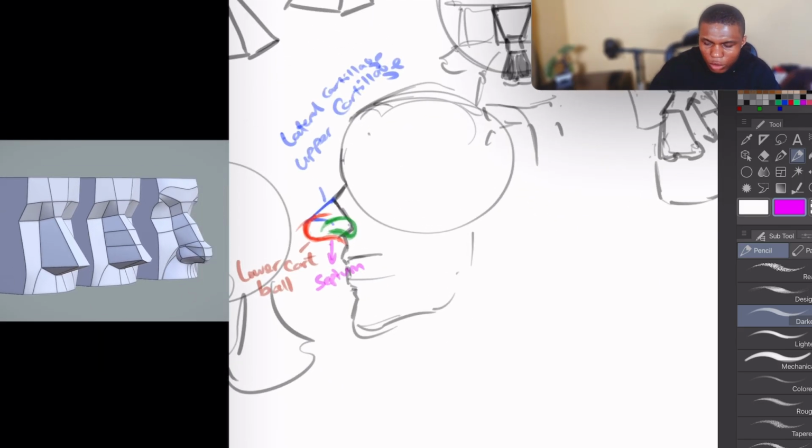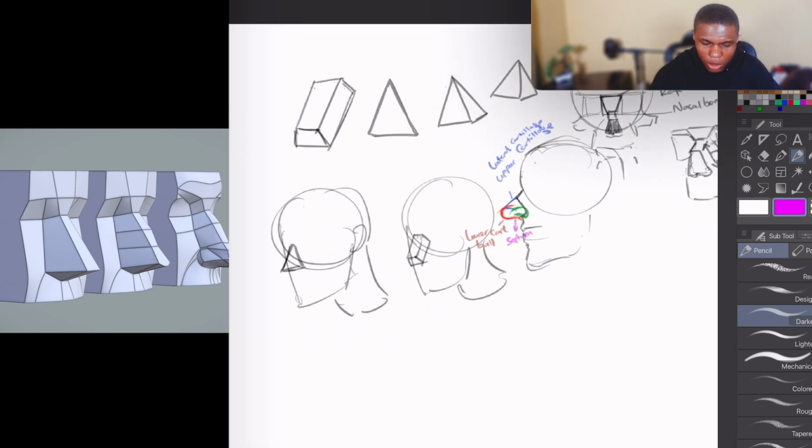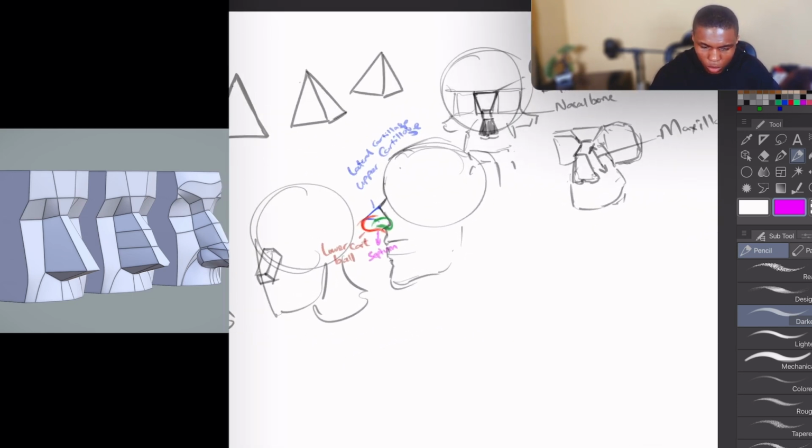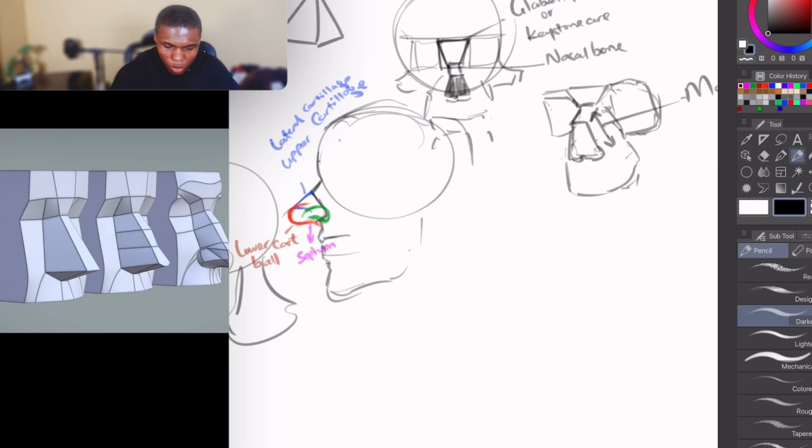Anyways, this is very good. I got this image from Sketchfab, a 3D plane of the nose. So you can see that basic shape I was talking about, the pyramid. It's what you should practice a lot, because when it's time to rotate the head in the top view, you're going to see this placement of the nose, and then the nose is going to rise up like this.